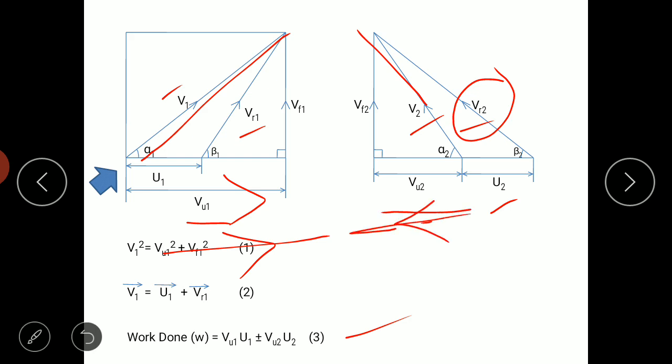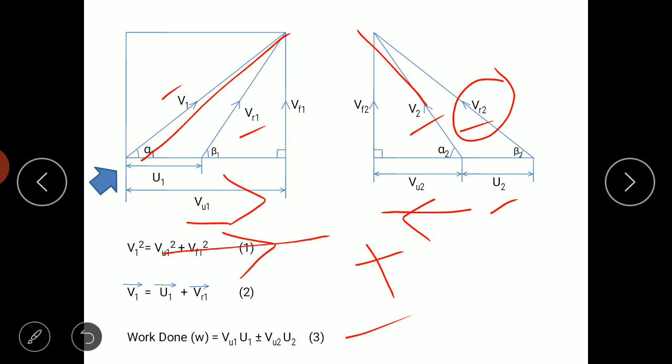So if you see, vu1 and vu2 are in opposite directions, so in this case we will be using the plus sign. For this kind of inlet and outlet velocity triangle, we will be using the plus sign in order to calculate the work done.